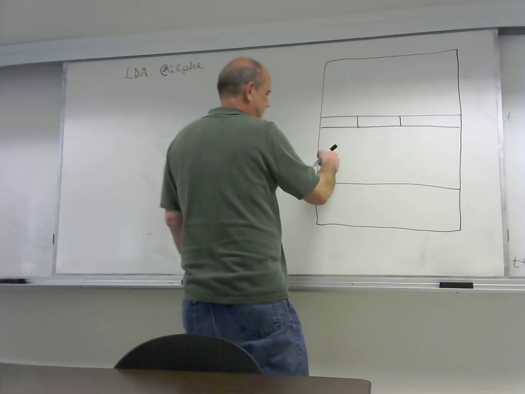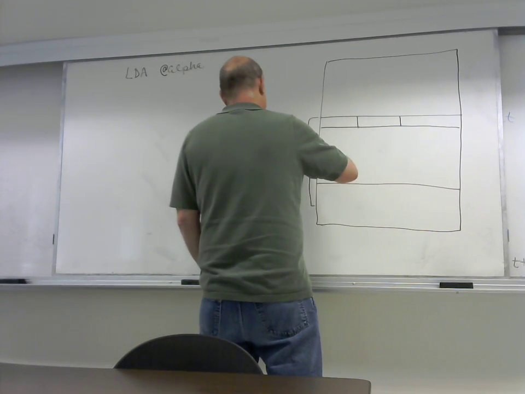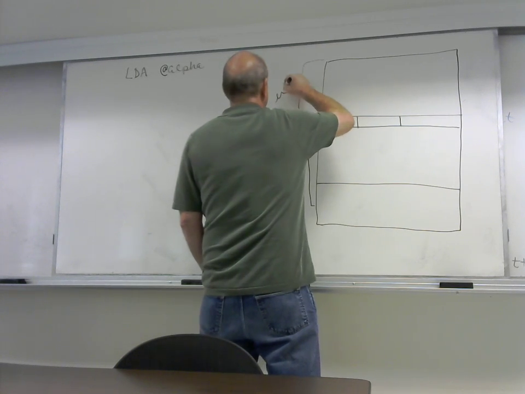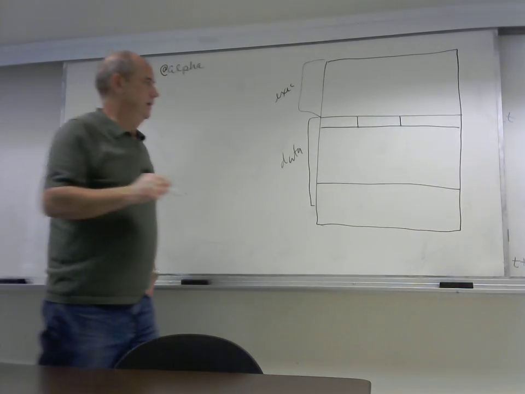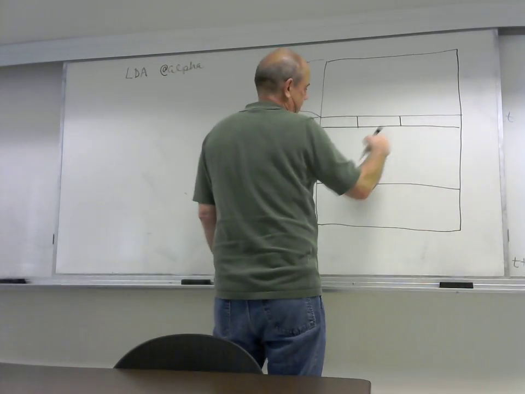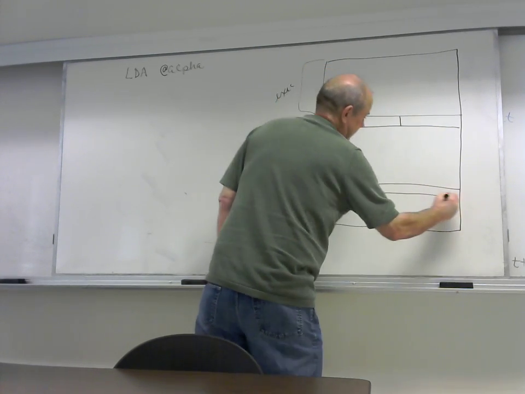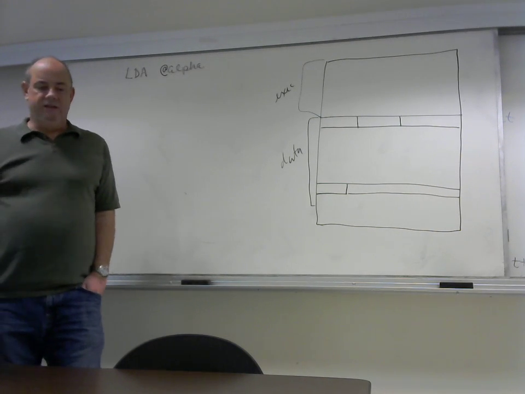So this is all data. And this part is the executable. All right. So these are chunks of memory that have been allocated.